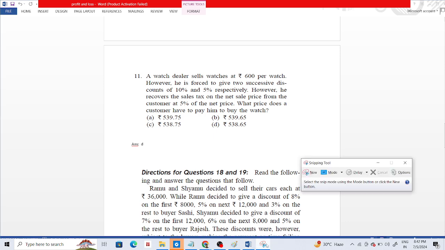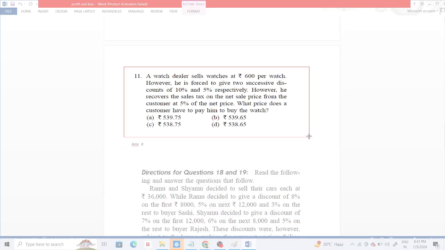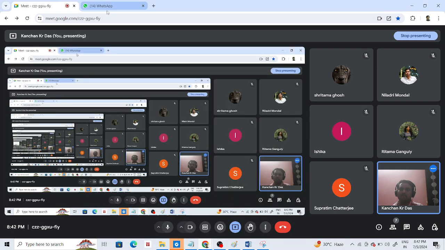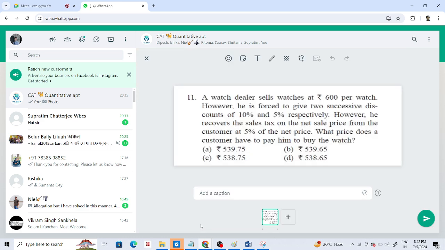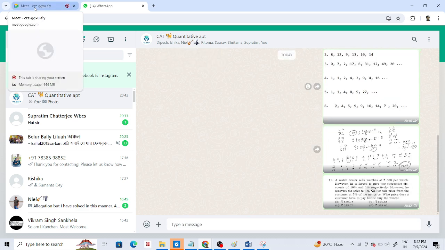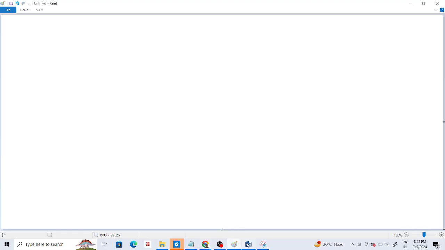I'm sending this sum. Try out this sum which I just sent.